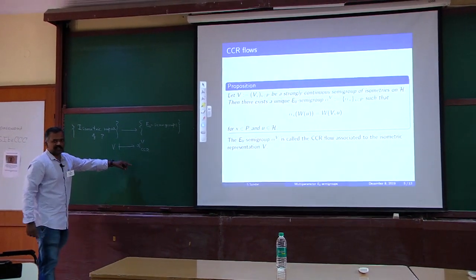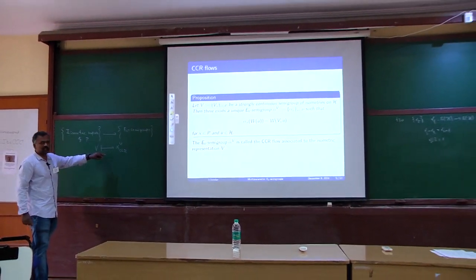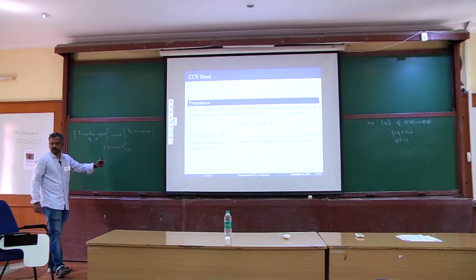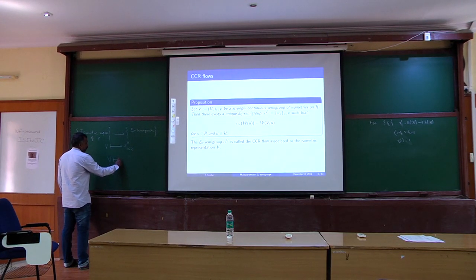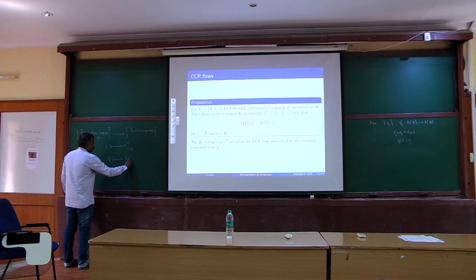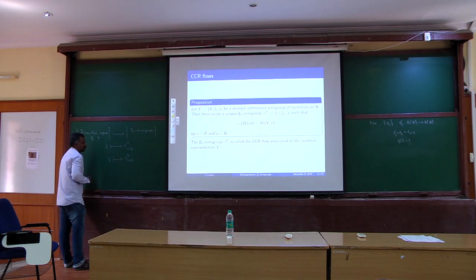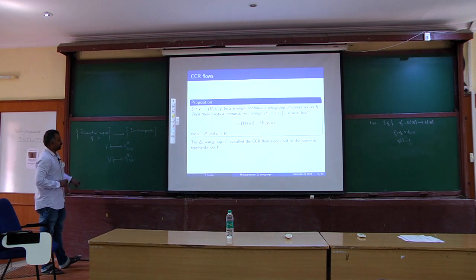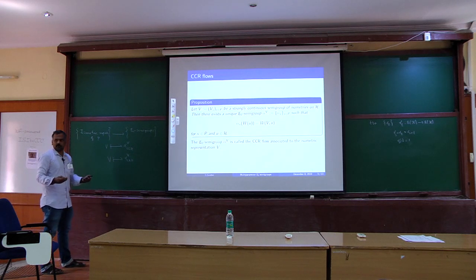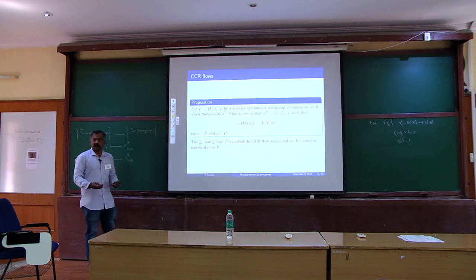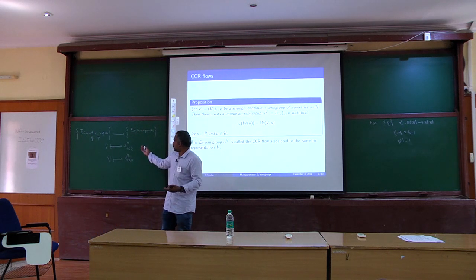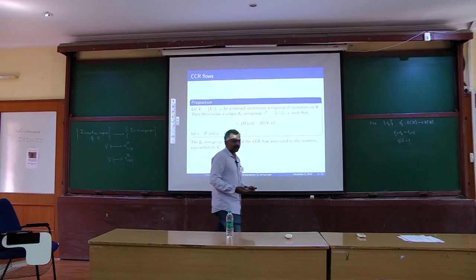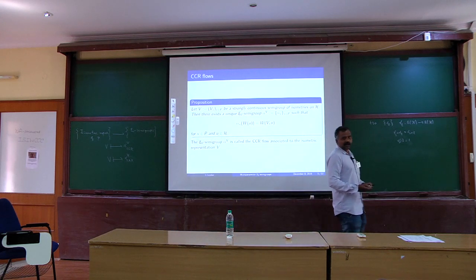This is called the CCR functor, and you can also do the same thing on the antisymmetric Fock space, and that is called the CAR functor. It's very natural to ask whether these two functors are the same or not. That is, whether the CCR alpha V is the same as CAR alpha V, or whether one is a cocycle perturbation of the other.